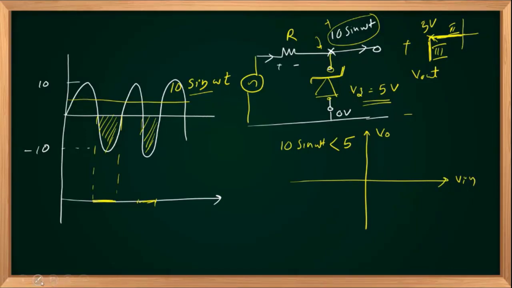So before that, if Vin is less than positive 5 volts and greater than 0, that is in this red color region, the input is less than 5, so the diode is about to break down, but it is in stage 2, before breakdown condition. When it is before breakdown condition, it acts as an open circuit.